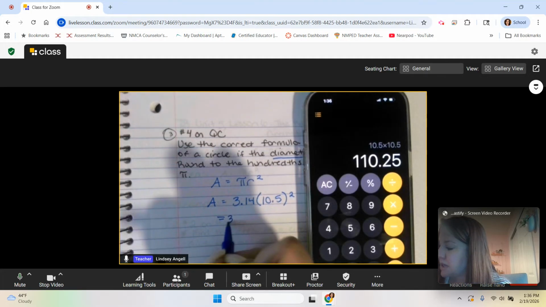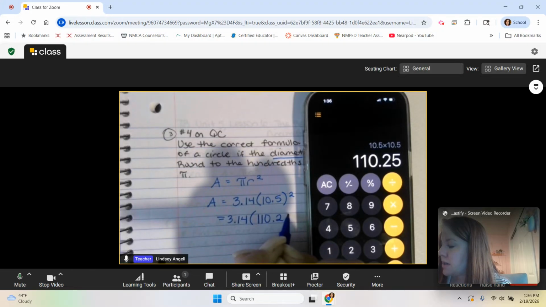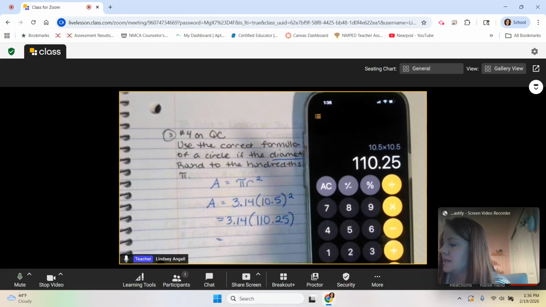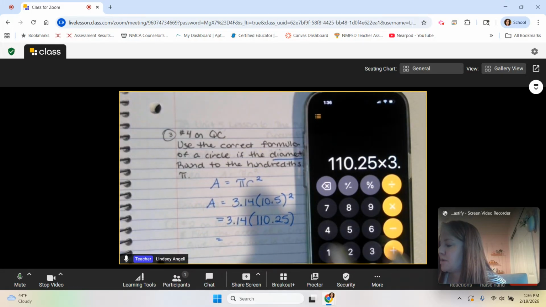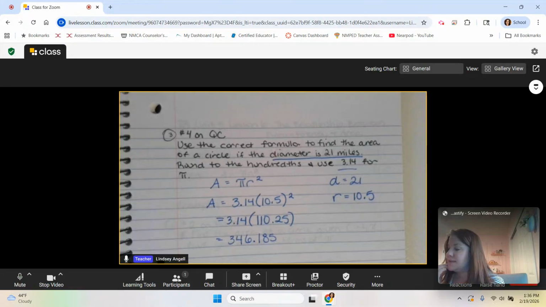And that gives me 110.25. And then I need to multiply that by 3.14, giving me 346.185. It said to round to the hundredths place, though.